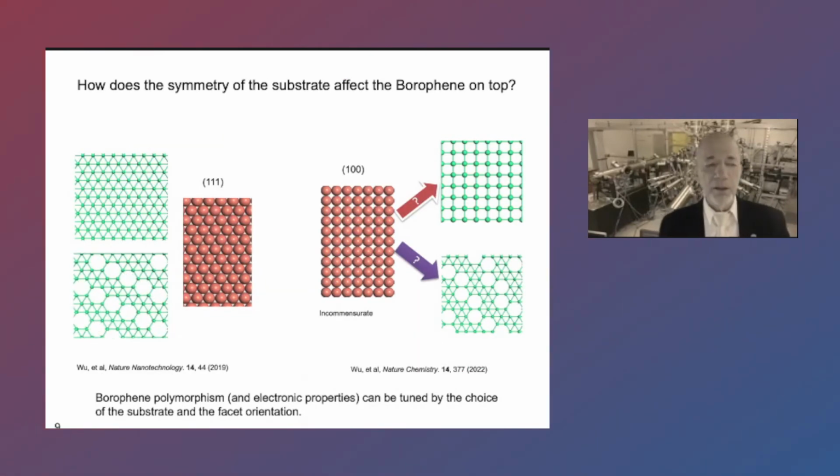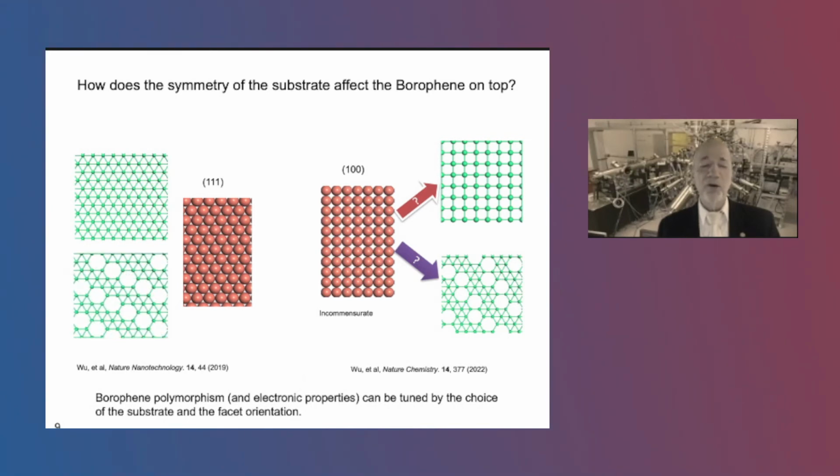Now, in the initial borophene studies, everyone chose the 111 surface because it has the same rotational symmetry as the triangular boron lattice. However, the vacancies in borophene lower the symmetry and give rise to the formation of rotation domains. Now, surfaces with lower symmetry can favor one domain orientation and suppress the formation of domain boundaries.